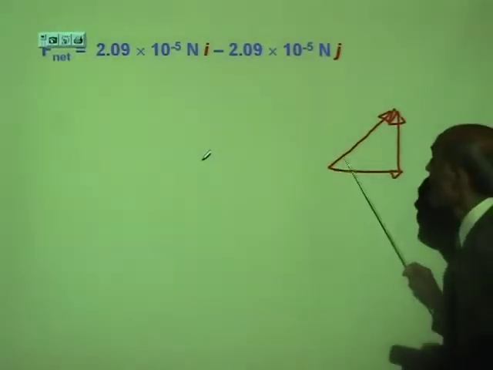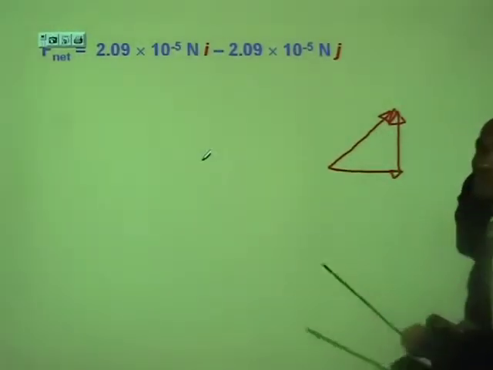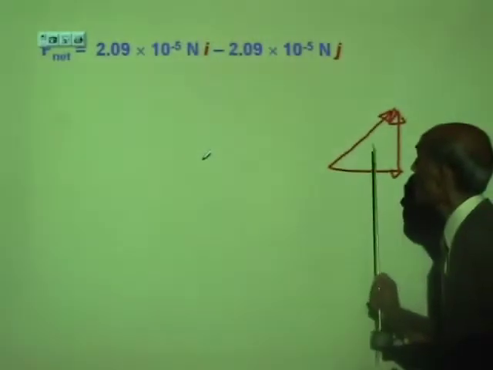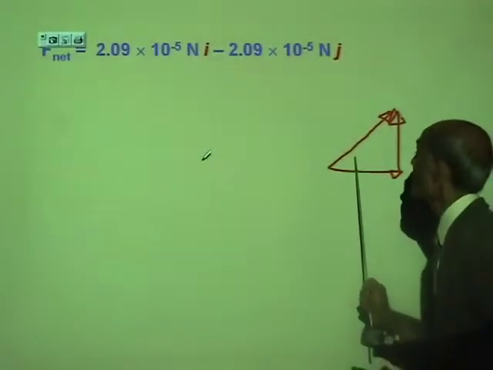And how do you find the angle of this vector? Now remember, angle of a vector is the angle it makes with the x-axis. Well, if this is the angle, then you have your y and your x.